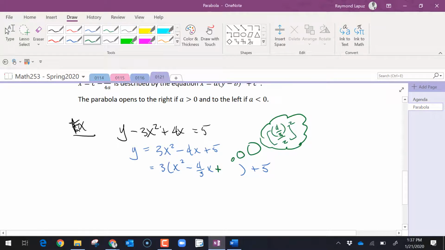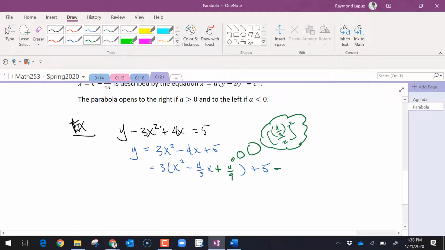So 4/3, take half of that or multiply by a half, and then you square it. So I think the 4 and the 2 would cancel. So that's 2/3. Is that right? And then you square it, it becomes 4/9. So you add 4/9, and so you would subtract 4/9.